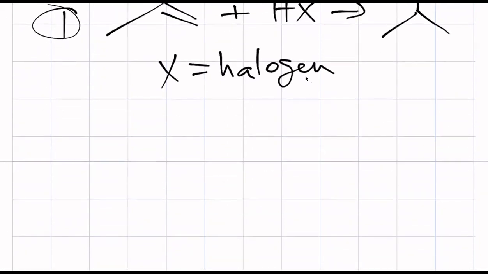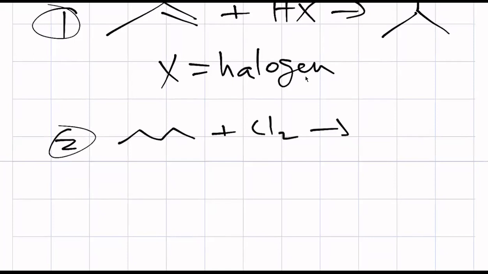Another method that you learned already is if you take an alkane plus a halogen and you shine UV light on it. All right, you shine UV light on that alkane, you get what? Anybody?